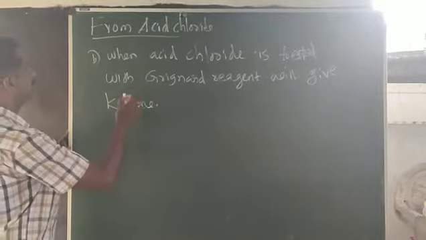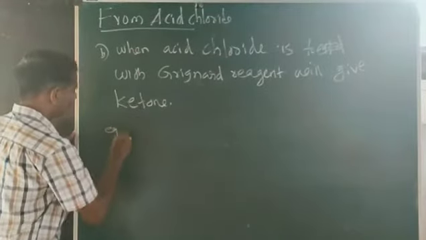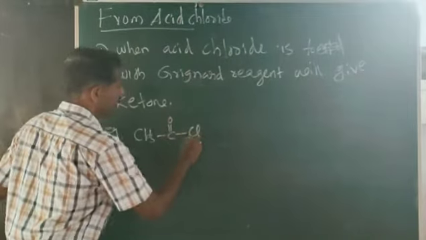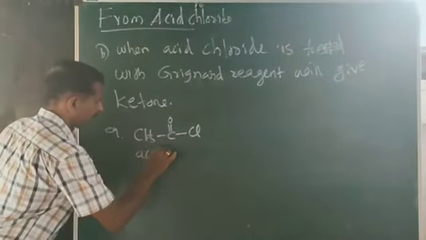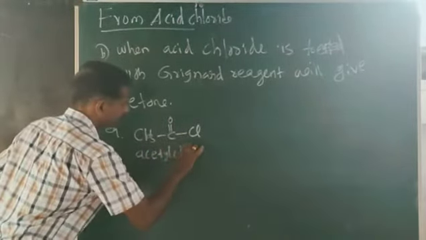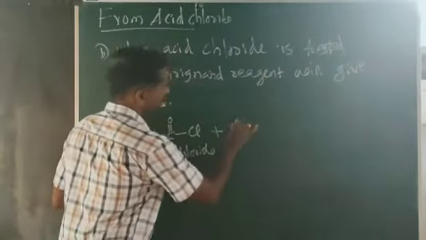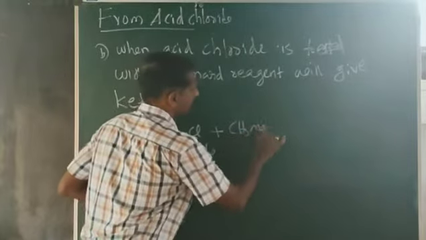Look at here, for example, CH3COCl, acetyl chloride, is treated with the Grignard reagent, for example CH3MgBr.